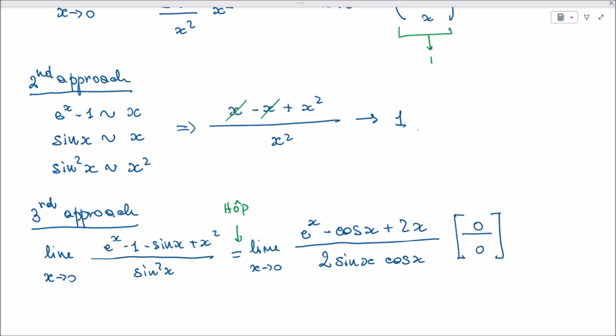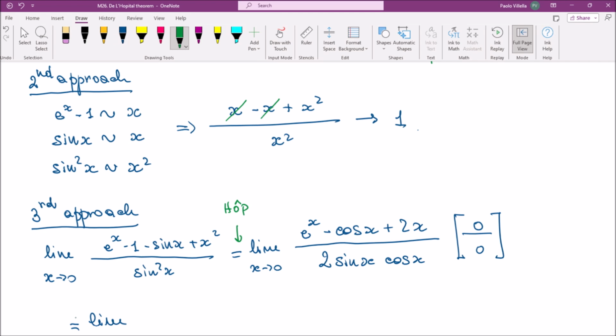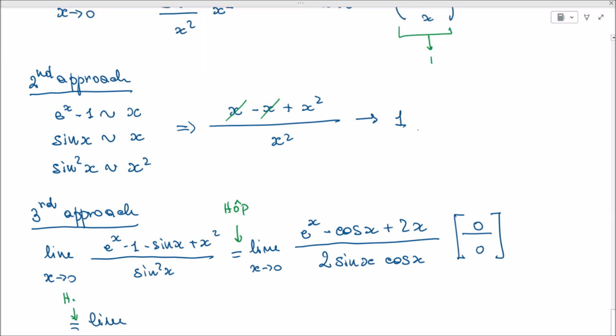But we are still in the condition of applicability of the L'Hopital theorem, so we go for another application. So if we take another derivative, what do we get? Well, e to the x, now plus sine of x, plus 2.